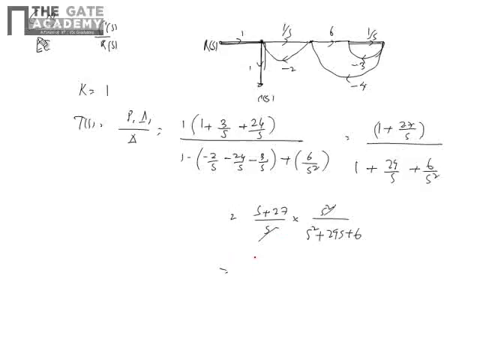So s gets cancelled. You will get s plus 27 divided by s square plus 29s plus 6. This is the answer. The choices are given as A, B, C, D, so D is the answer. You can refer to the GATE 2003 EC problem. Okay, the next GATE problem we'll see.